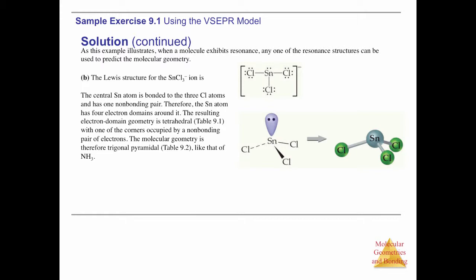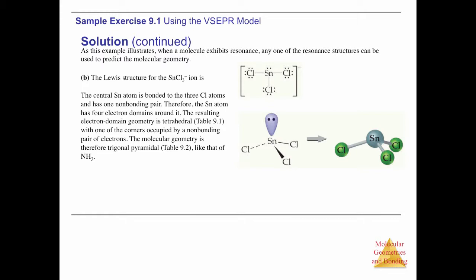As this example illustrates, when a molecule exhibits resonance, any one of the resonance structures can be used to predict the molecular geometry. B. The Lewis structure for the SnCl3- ion is as shown. The central tin atom is bonded to 3 chlorine atoms and has 1 non-bonding pair. Therefore, the tin atom has 4 electron domains around it.